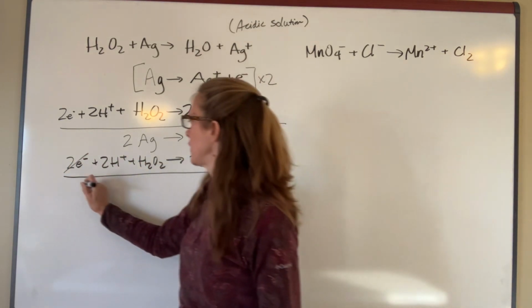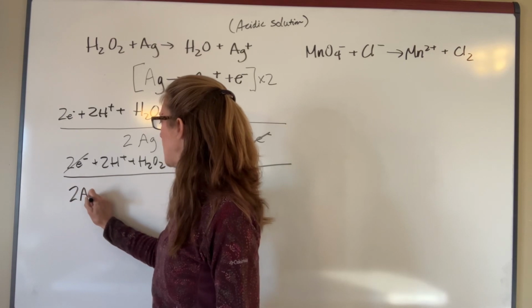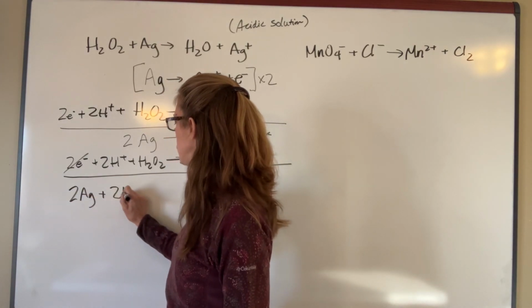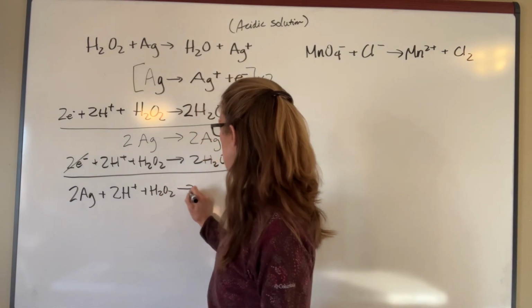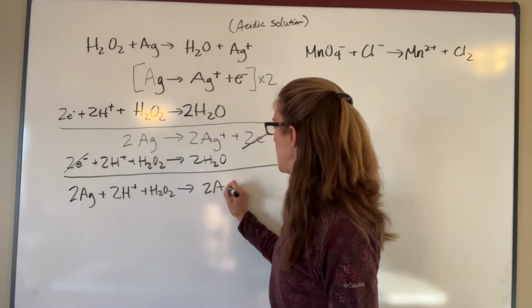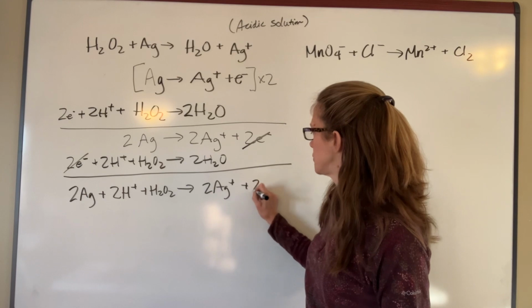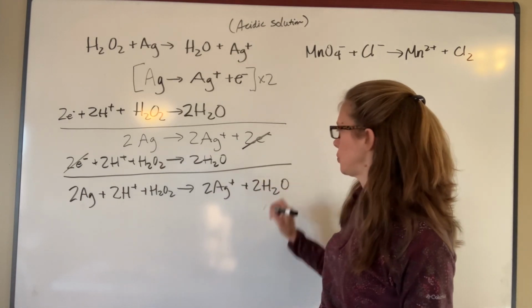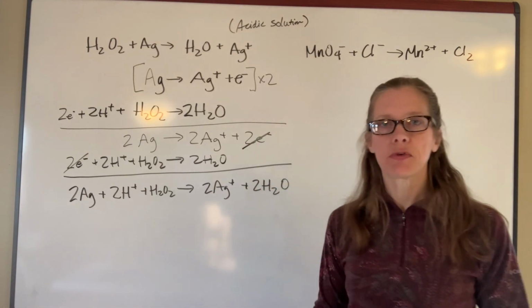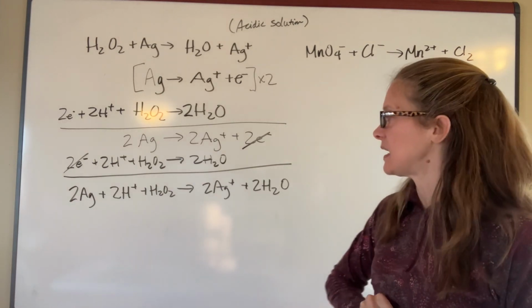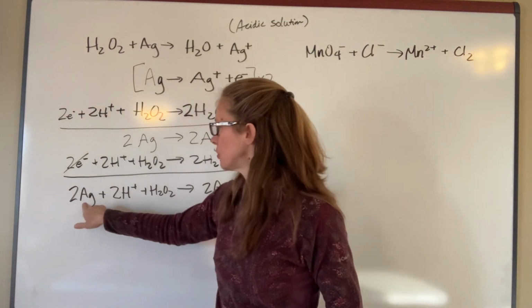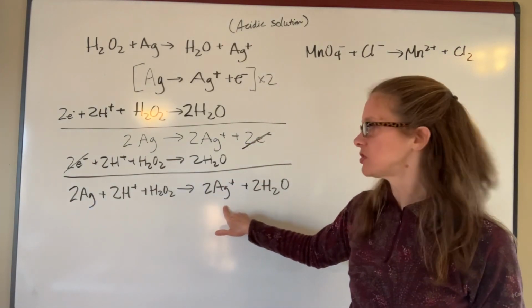So my final equation is going to be 2Ag plus 2H plus H2O2 yields 2Ag plus 2 H2O, okay? Now that I have the final equation, I need to go through and check it and make sure everything ended up balanced at the end. So I have 2 silvers here and 2 silvers here.